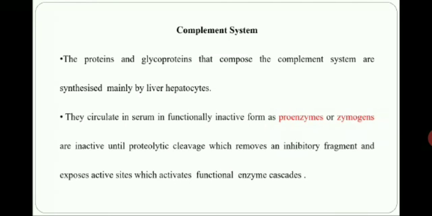So when the inhibitory fragment is removed from the complement component, it exposes the active site which activates the functional enzyme cascades.